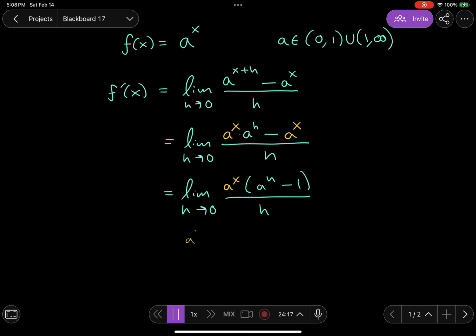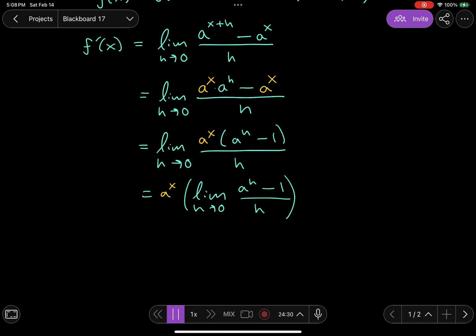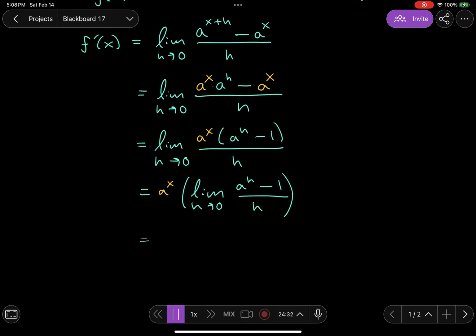This is a to the x times the limit as h approaches 0 of a to the h minus 1 over h. And then check this out. I'm going to do a little bit of sleight of hand. This is the same thing, of course, as a to the x. But then I'm going to rewrite this just a little bit. The limit as h approaches 0. And you're probably going to think, well, why did you just write it like that?